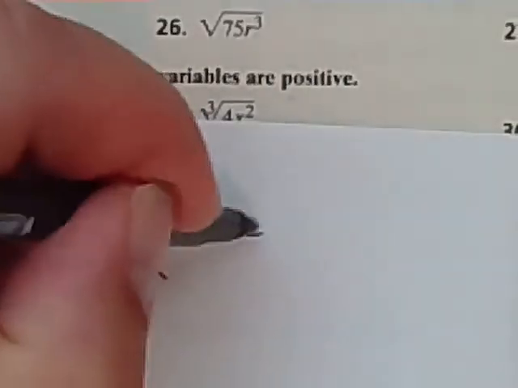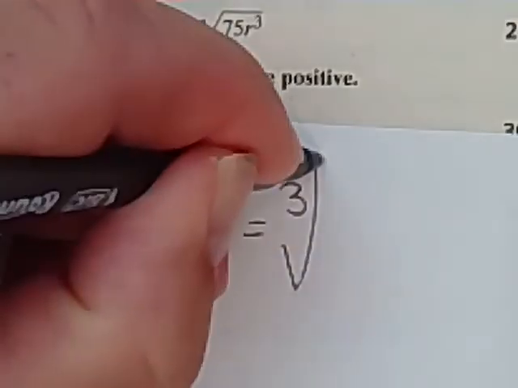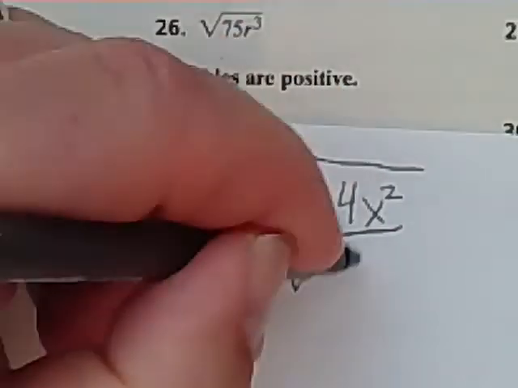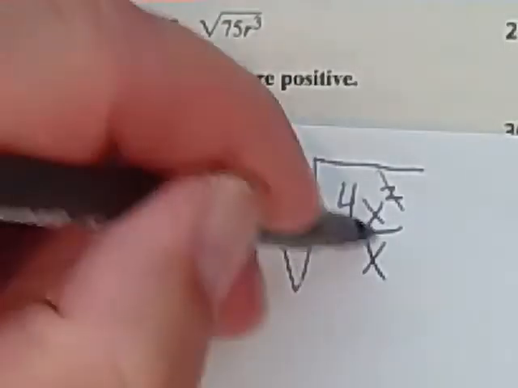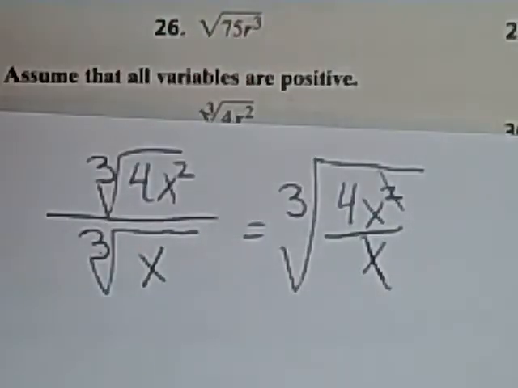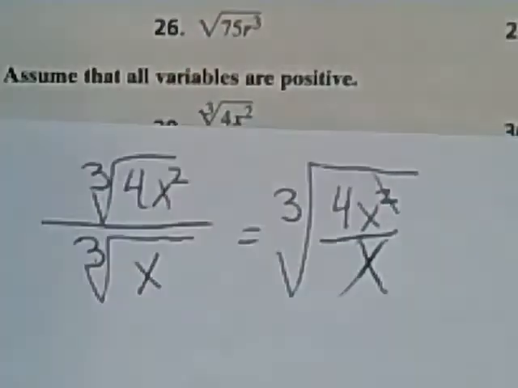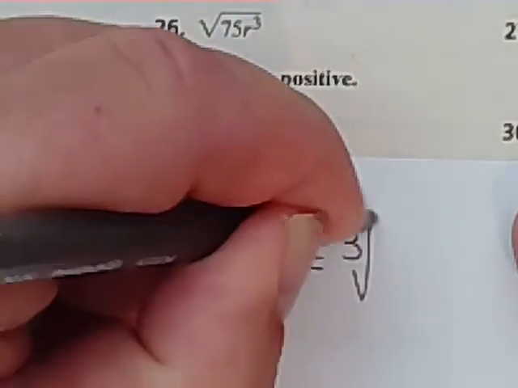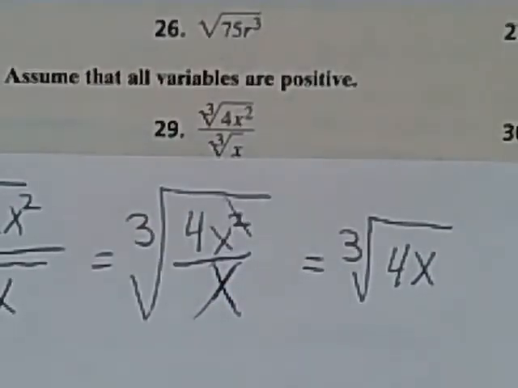Well, because they have the same index, I can combine them underneath the radical sign and say this is 4x squared divided by x. One of these x's will cancel. How do you cancel an x? Don't do it like that. Don't do it like that either. It still looks like an x. Okay, but I know it's canceled. So I have as my final answer the cube root of 4x. Ta-da!